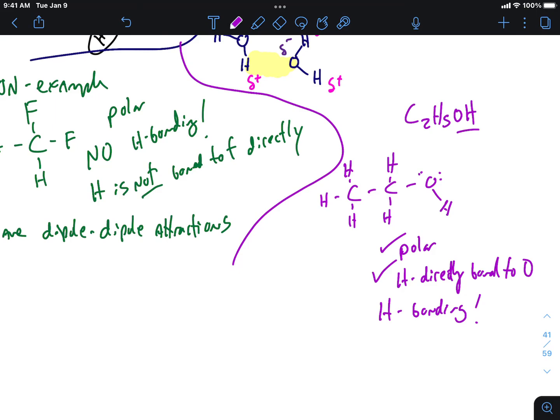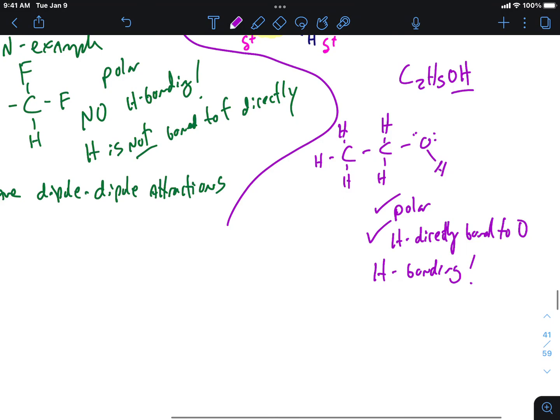This is what we call an alcohol, and all alcohols have this. They all have this OH slapped onto the end there, and that makes it polar, and it makes it have hydrogen bonding. So in the future, if you ever see a formula that's got a bunch of C's, a bunch of H's, but then ends in an OH, you know automatically that it has hydrogen bonding.